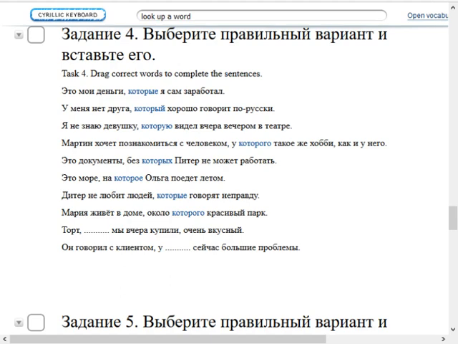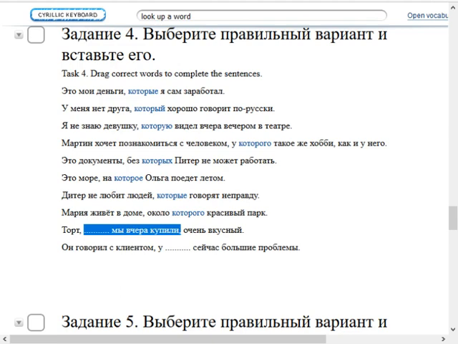But anyway, cake. The cake which мы вчера купили, which we bought yesterday, очень вкусный. The cake which we bought yesterday is very tasty. Tort should be masculine because it ends in a consonant. And we bought the cake, so that should be accusative. The cake is the direct object of the verb.